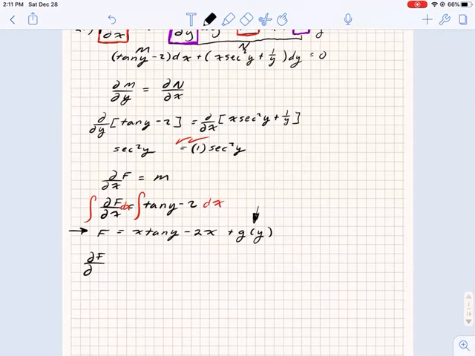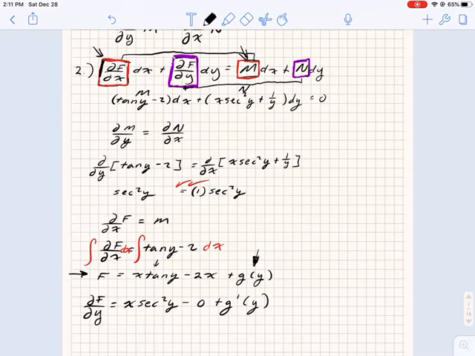So let's do that. The partial derivative of f with respect to y: x is considered a constant, so this is x secant squared y. x is a constant here, so this is 0. And we have a derivative of the g of y function.